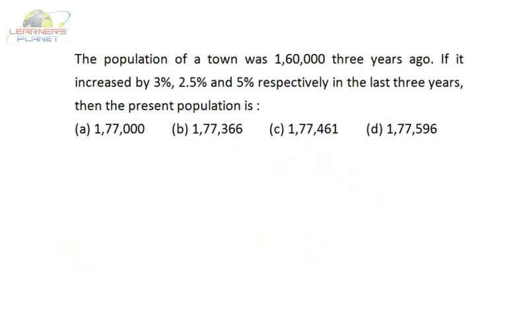Now similarly in this question, the population of a town was 1,60,000 3 years ago. If it is increased by 3%, 2.5% and 5% respectively in the last 3 years, then the present population is. That means let's begin with 1,60,000. Now after 1 year the population will be 103% of this data.